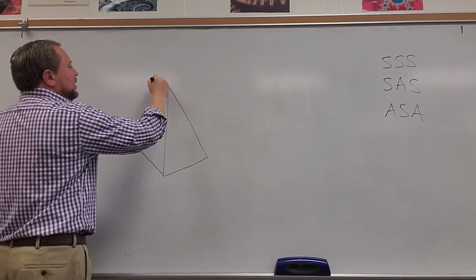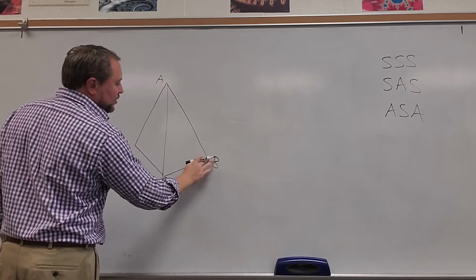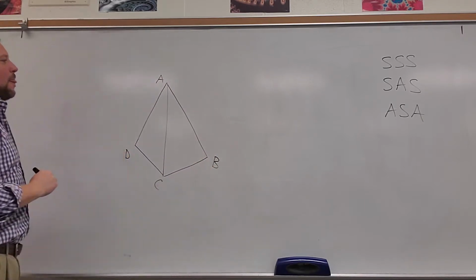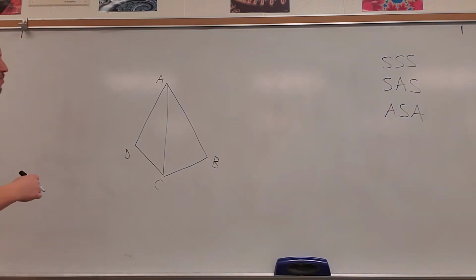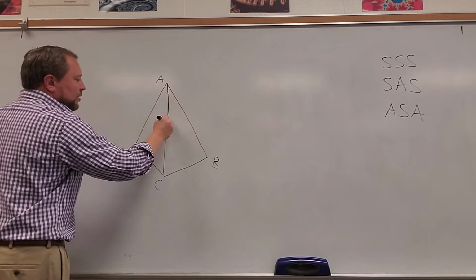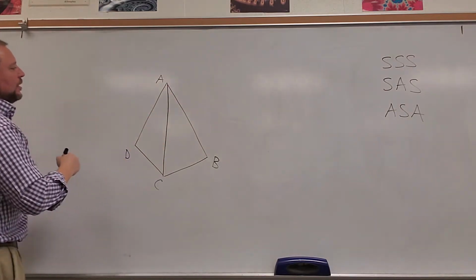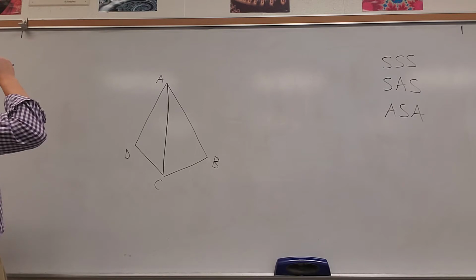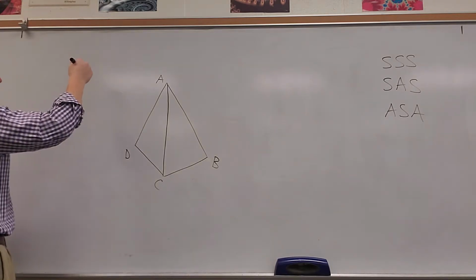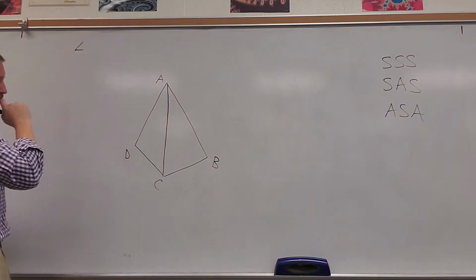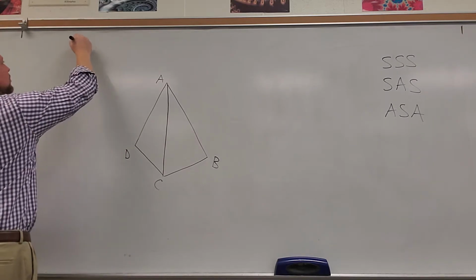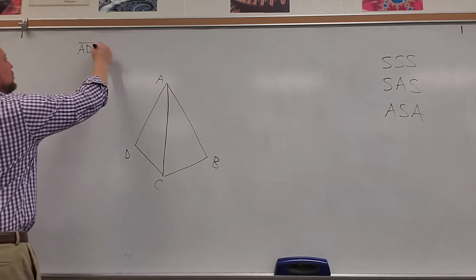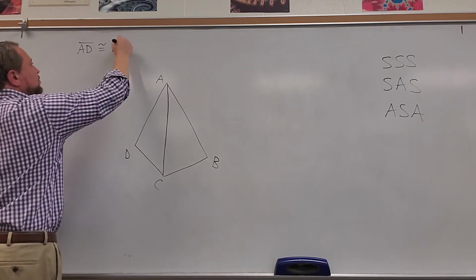Okay, and let's say that that is A, B, C, and D. And on the information that we're going to be given this time, let's say that side AD is congruent to side AB.